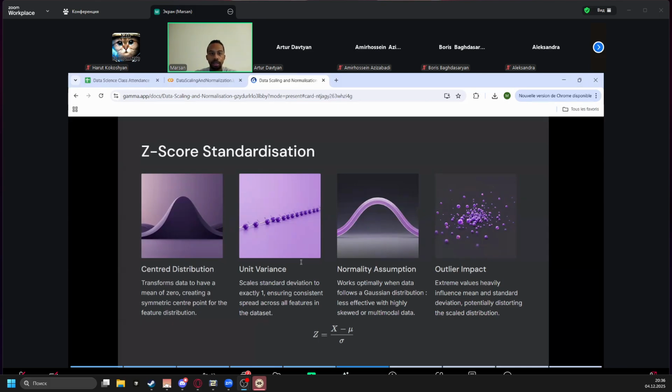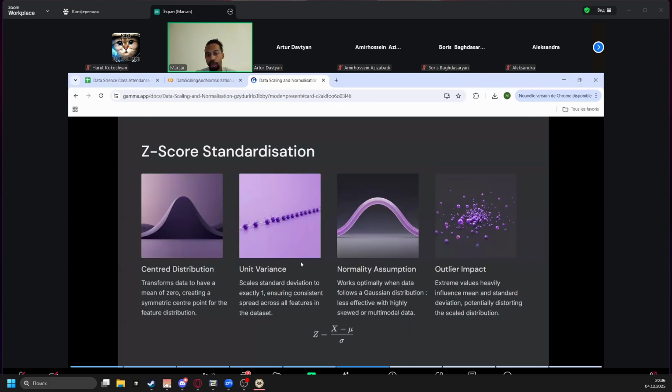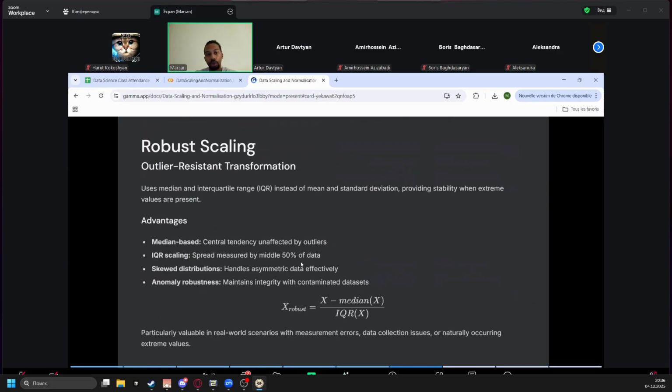About these techniques that we saw, the min-max scaling and the z-score standardization, the problem is that we are impacted by the outliers. So this is why sometimes we can use a third technique, which is called robust scaling.